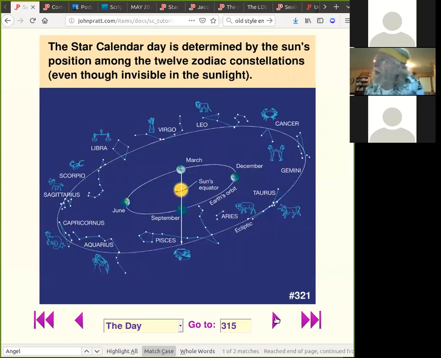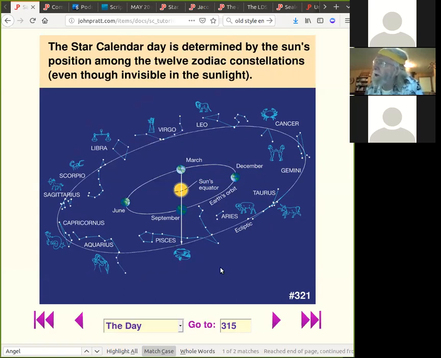The star calendar day is determined by the sun's position among the 12 zodiac constellations, even though it's invisible in the daylight. This is very much like astrology, where they say, where are you born? Oh, I'm a Cancer. That's supposed to mean that the sun was in the constellation of Cancer. Slide 321 shows that in March, if you looked right at the sun and you could see the stars behind it, it would be in Pisces.